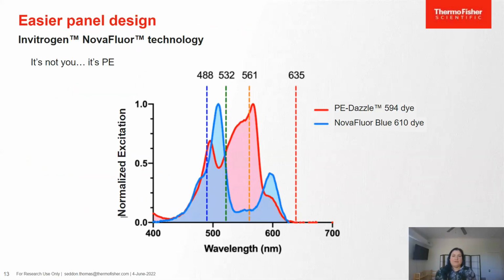So in terms of thinking about your panel, the idea is that PE dazzle, you can see this is an excitation curve rather than an emission curve. And so what that's showing you is that something like PE dazzle is excited primarily by the blue laser and the yellow-green laser. Whereas something like NovaFluor Blue 610 is excited primarily by the blue laser and not so much by the yellow laser.